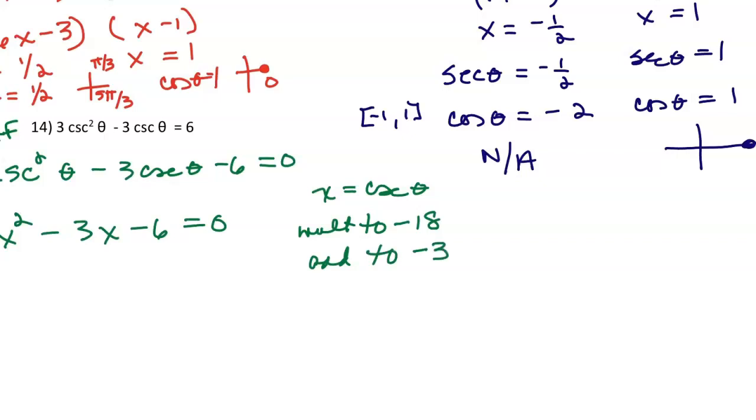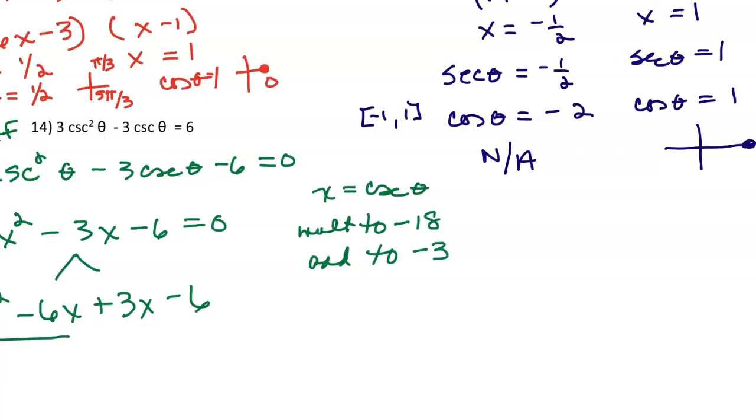Okay, so what's that going to be? So I think I'm going to have a negative 6 and a positive 3. So let's decompose that middle term. 3x squared minus 6x plus 3x minus 6. Okay, I get negative 3x back, so I know I'm good.